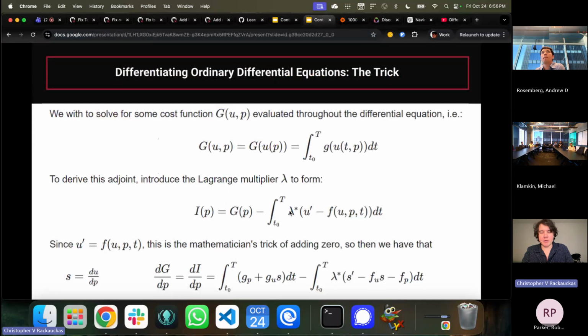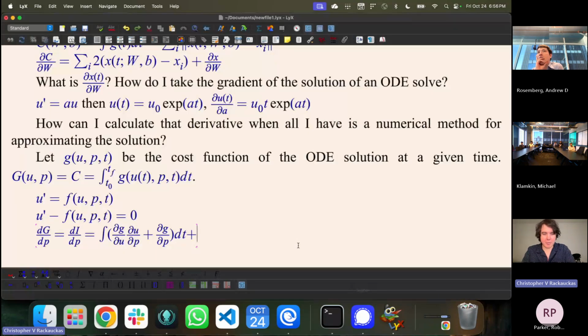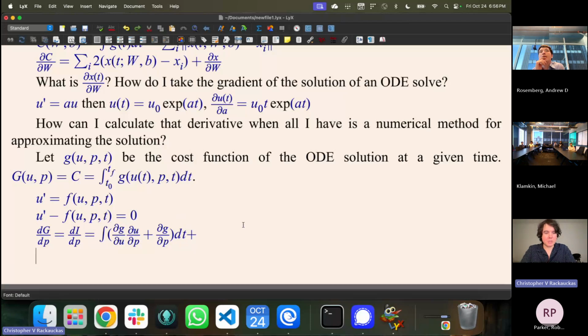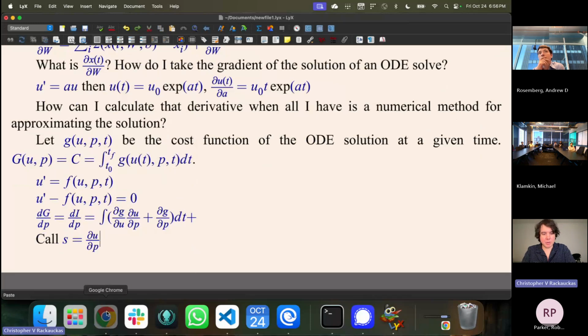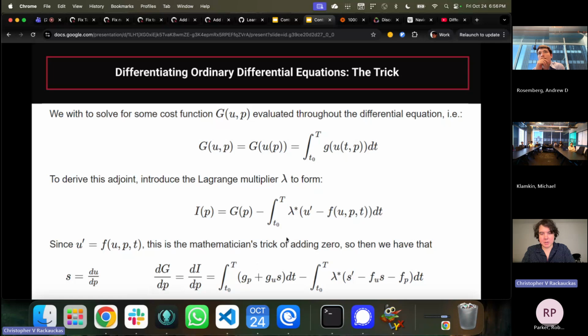But the main thing that's going to happen here is that we're going to say, hey, look, this du/dp is actually what we're looking for. So let's call s equal to du/dp. It turns out by the chain rule that the derivative of u prime with respect to p is going to give you this s prime, and you do the same chain rule on f over here, right? So this gives you this term.